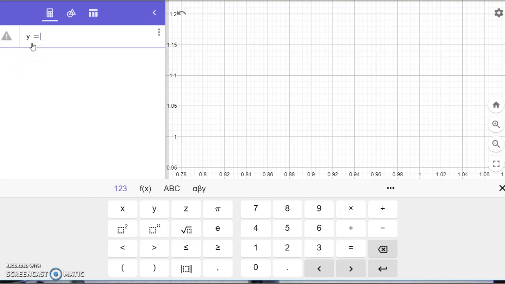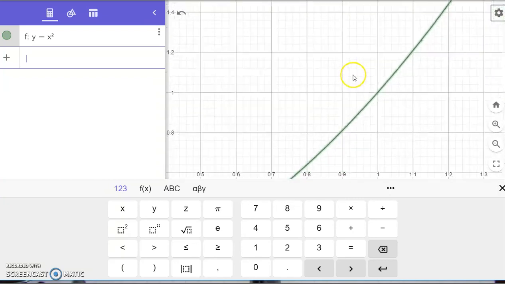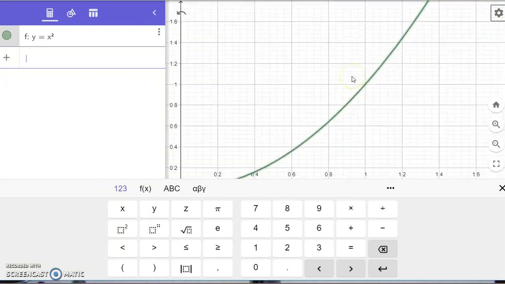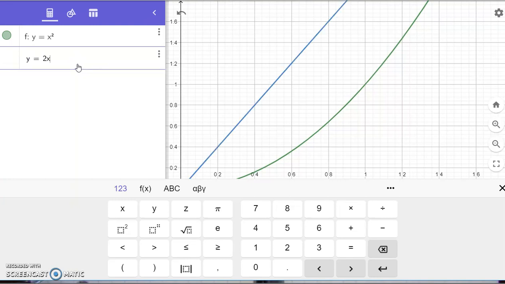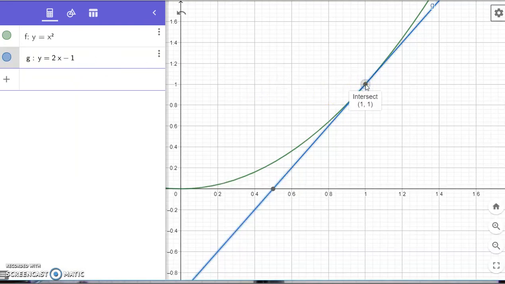So let's take a look at it here real fast. Let's say we have something easy, x squared. So zoom out here. All right, so there's x squared. And then the derivative of x squared is going to be 2x. Then y equals 2x, and let's have it intercept at 1 right there. So here's where it hits.